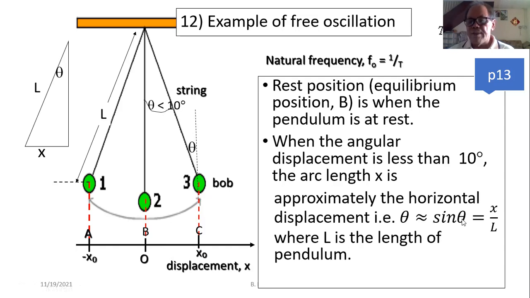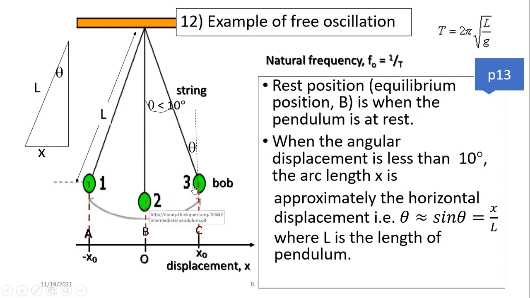At the same time, we can also use the approximation theta in radians equals sine theta, which in this case is x over L. Or you can think of a circle, this is a radius, and you still get the same formula. Your arc length is theta times L. Either way.